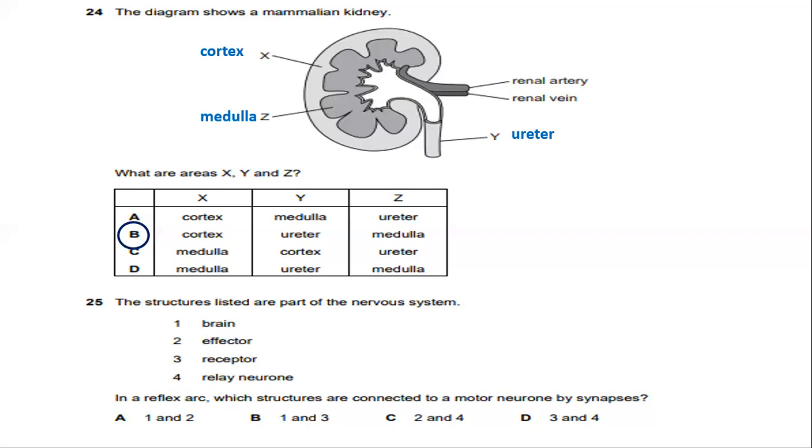So the structures that are connected to a motor neuron by synapses are the effector and relay neuron. So the answer is C.